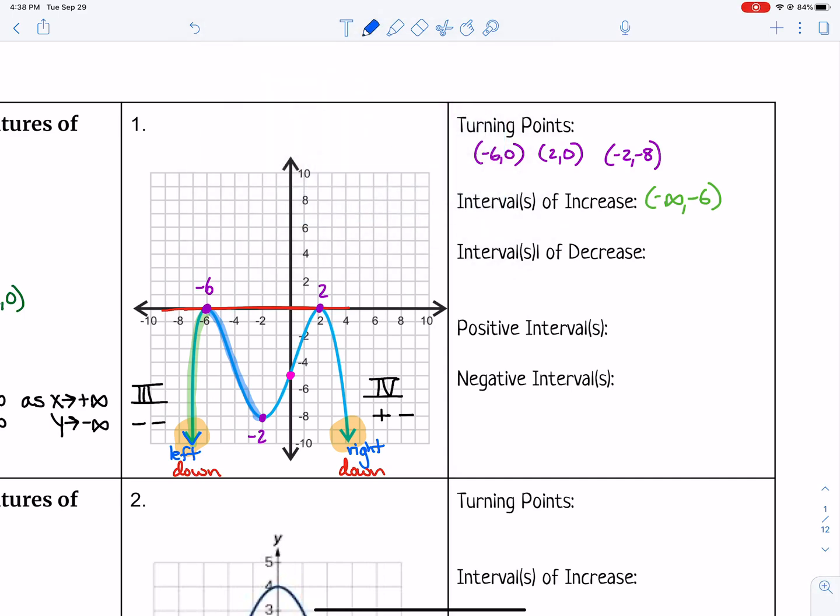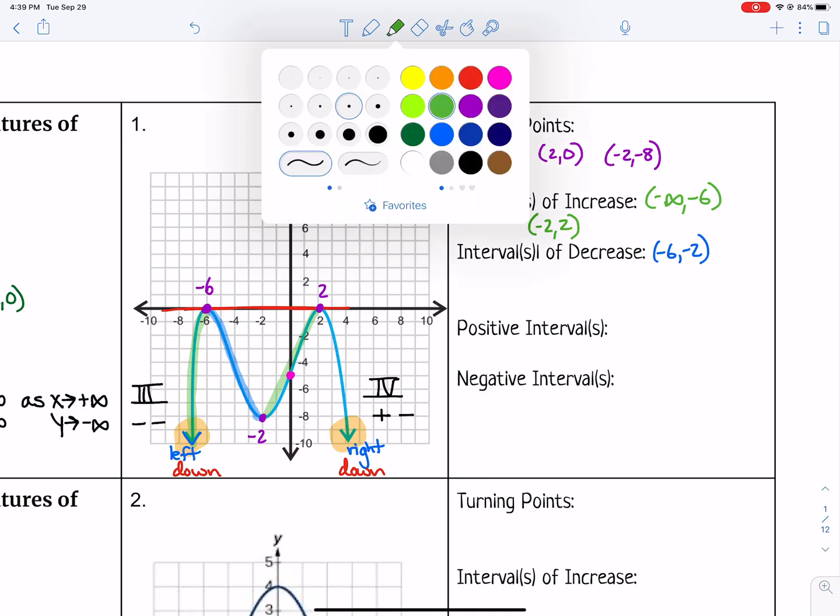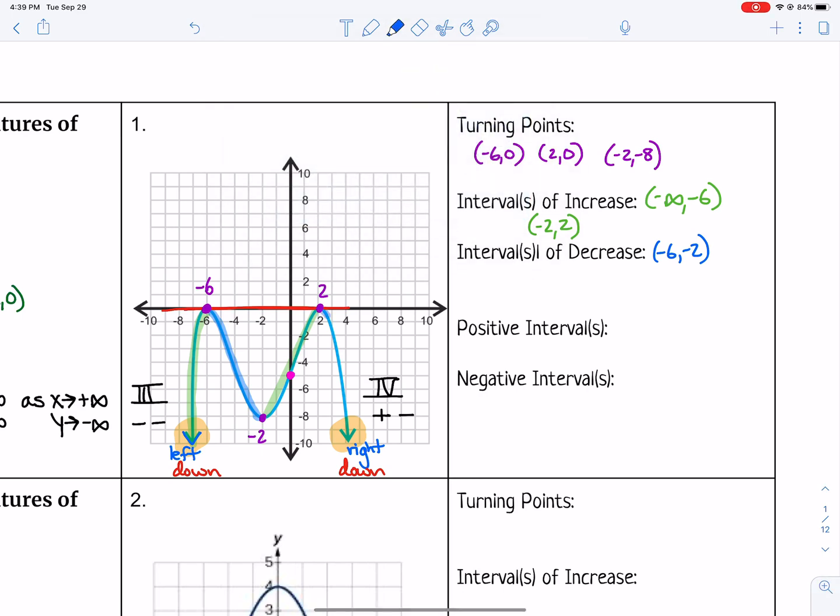So it's decreasing between -6 to -2. Then the graph turns around at that turning point and it goes up. It increases from -2 to +2. So write that under intervals of increase. Then it turns around one more time and we have another interval of decrease from x equals 2 to infinity.